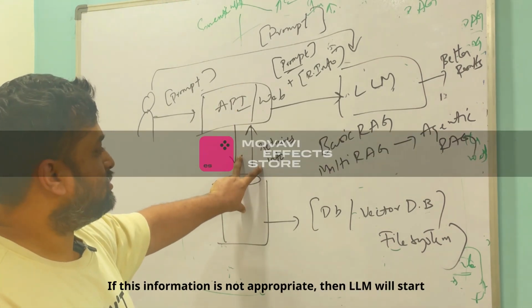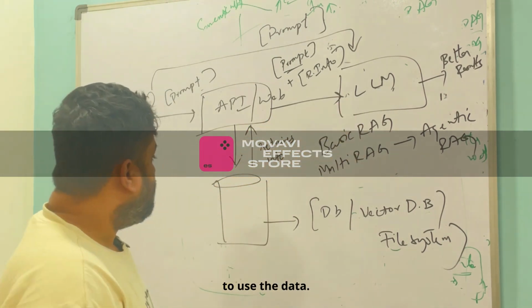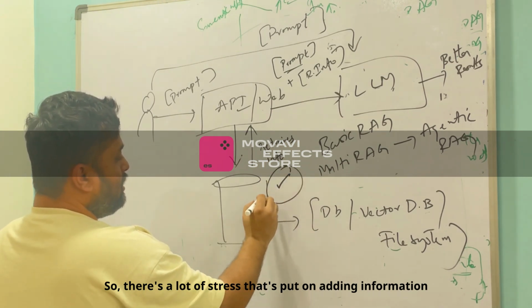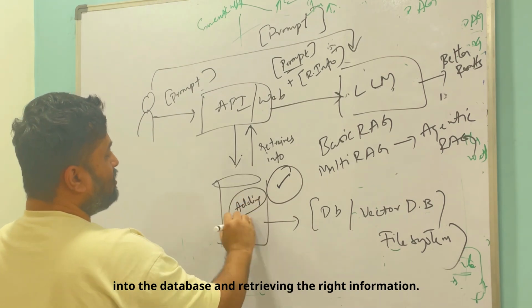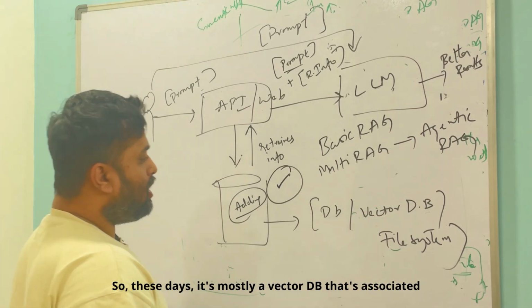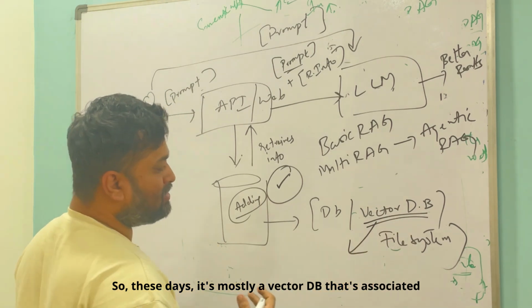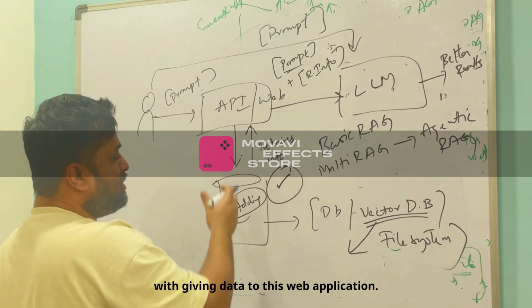If this information is not appropriate, then the LLM will start to hallucinate again. So there's a lot of stress put on adding information into the database and retrieving the right information. These days, it's mostly a vector DB that's associated with giving data to this web application.